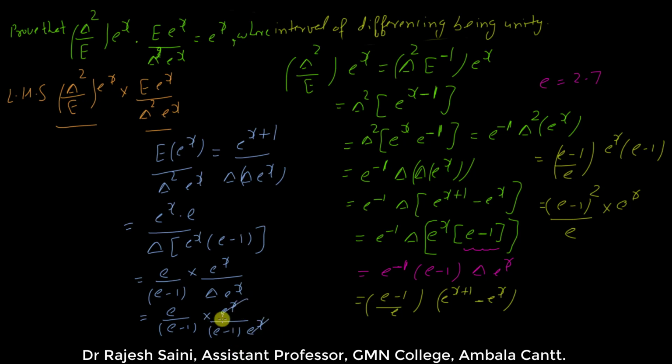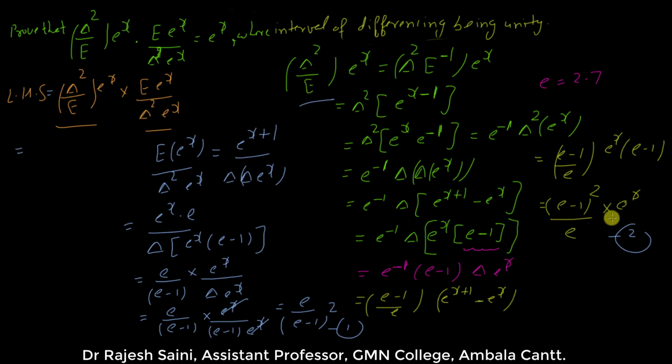This e raised to the power x will cancel out. So we are left with (e minus 1) whole square.